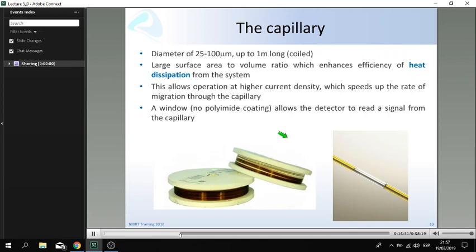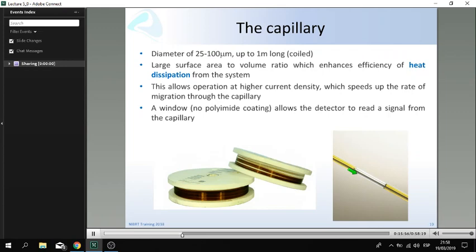This capillary is brown in color, so you can see these parts here. This is because most of the capillary has a polyimide coating that gives the capillary more robustness so it does not break. But there is a part of the capillary that's missing the polyimide coating, and this part is called the detector, or sorry, the detection window.